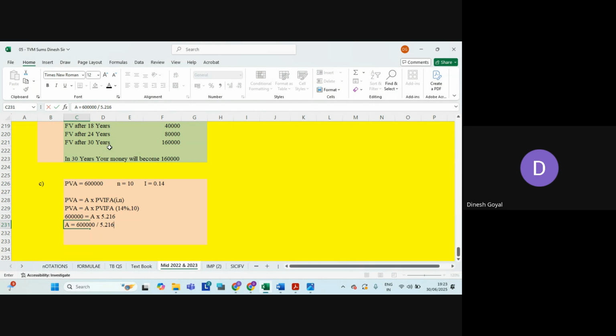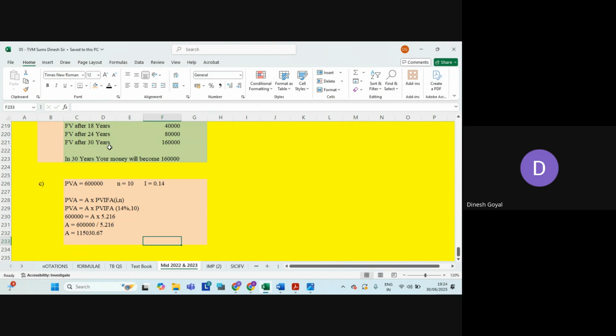Last year it was given, right? If the value is already given, instead of finding the actual value of PVIFA, it's just dividing the amount by this. So the answer is 1,15,030.67, or you can write 31, whatever, that is fine. So this is your annuity.